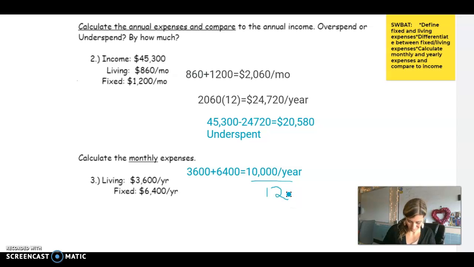Lots of repeating, if I remember correctly. So $833.33. No, please do not put a bar over it. It is money. We do not put a bar over money, unless it's a nice gold bar. Per month. Done. On to the next.